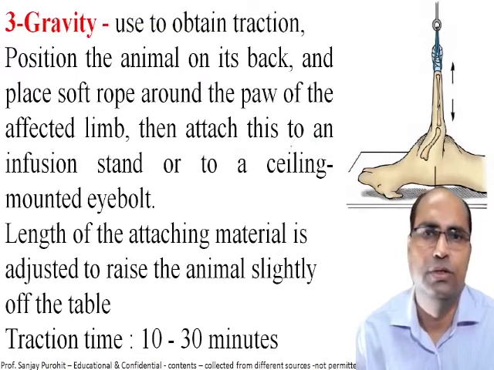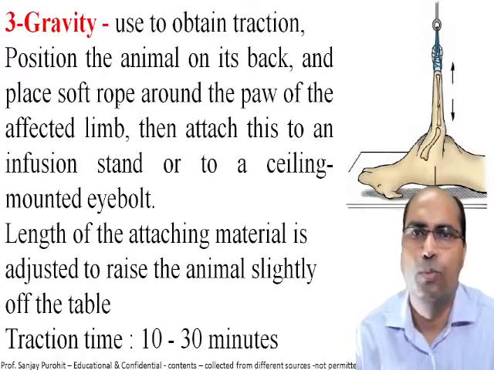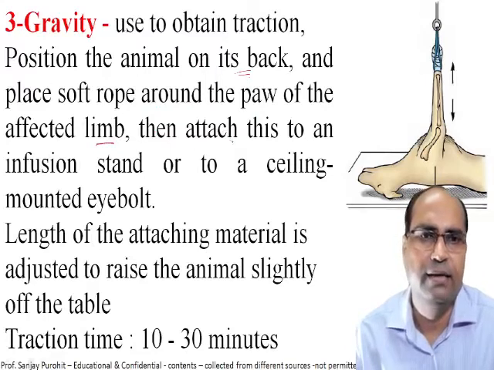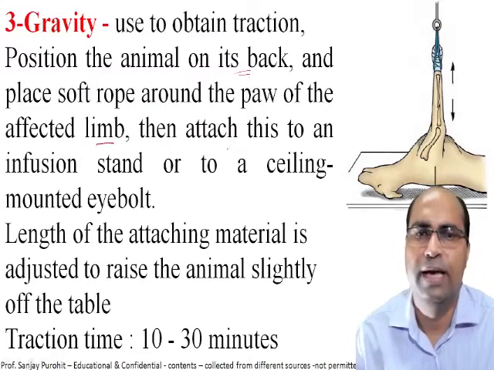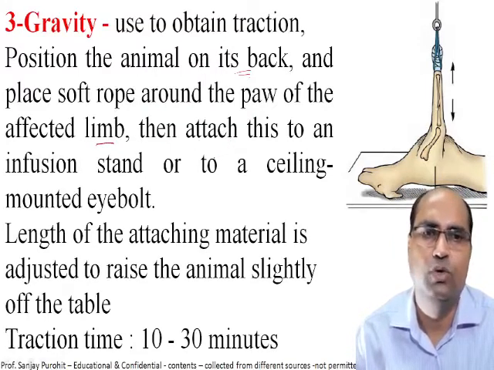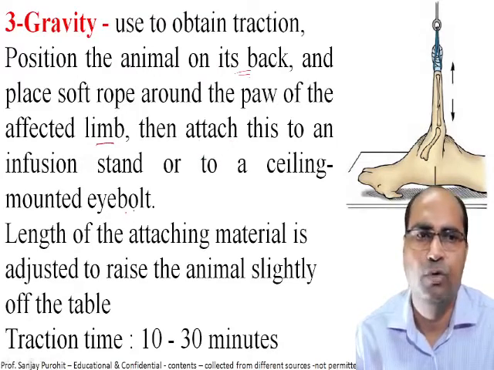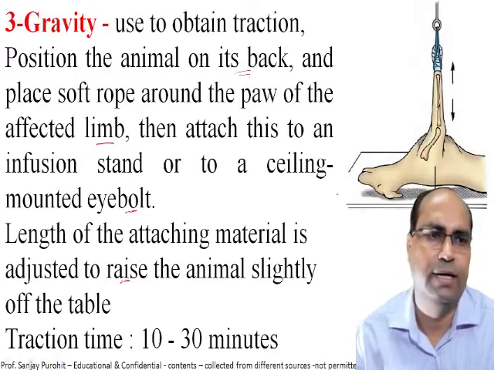Gravity. Gravity is used to obtain the traction. Position the animal on its back and place a soft rope around the paw of the affected limb. Then attach this to an infusion stand or to a ceiling mounted eye bolt. The length of the attaching materials is adjusted to raise the animal slightly off the table.